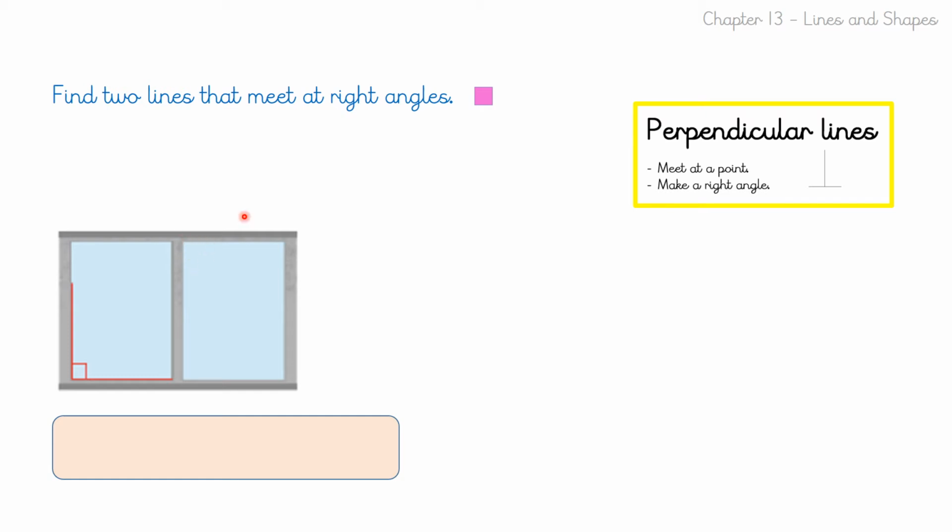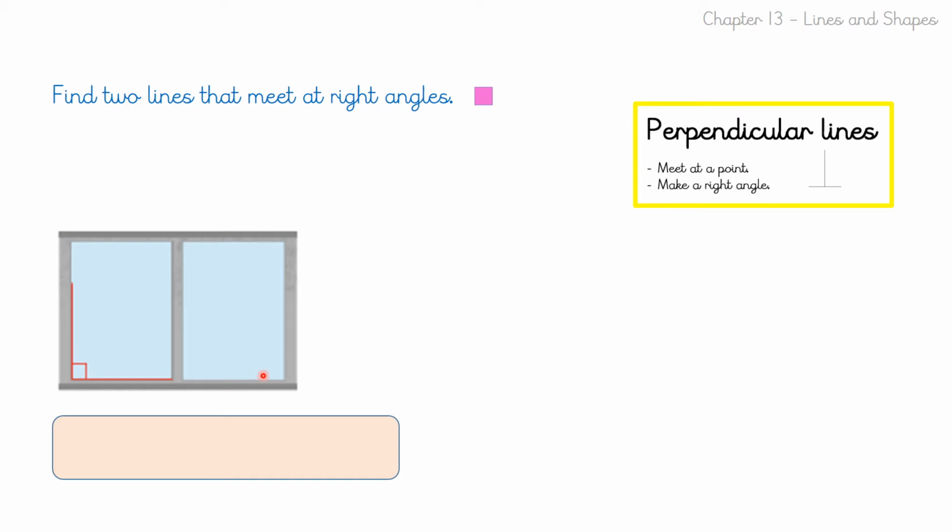Can you remember how these lines are called? They are called perpendicular lines because they are lines that meet at a point and make a right angle. You can still use your right angle tester to help you. Can you give me another example? Amazing! So here there is another right angle, and we know that if we can find the right angle, they're going to be perpendicular lines.